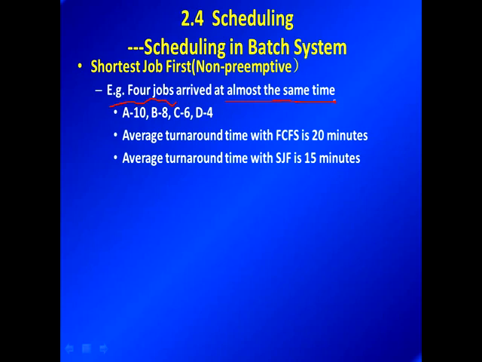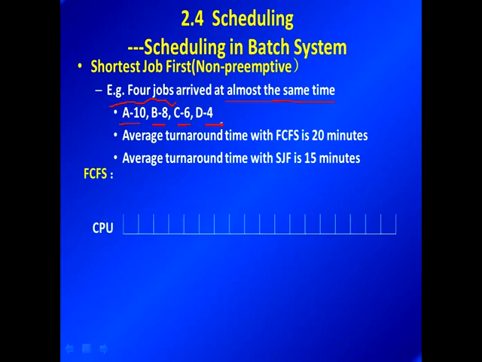That means to calculate their turnaround times, you use the completion time minus 0. We suppose A needs 10 units to finish its job, B needs 8, C needs 6, and D needs 4. Here, the average turnaround time with FCFS is 20 minutes. We'll show you how to get this number.